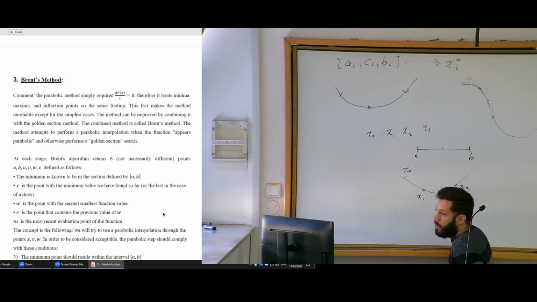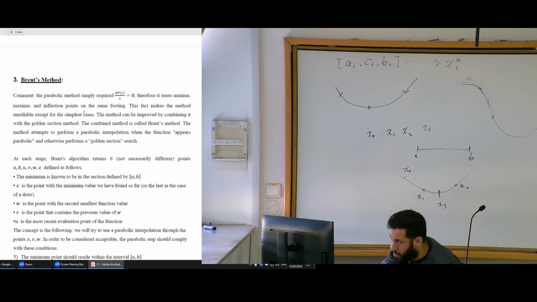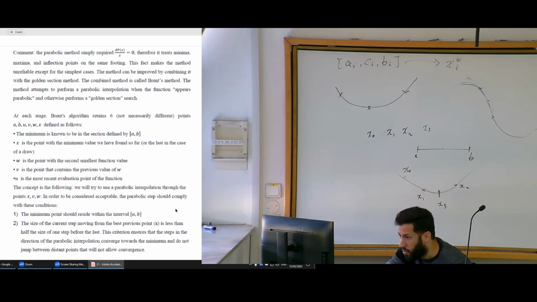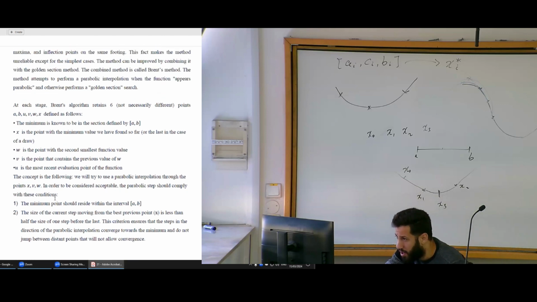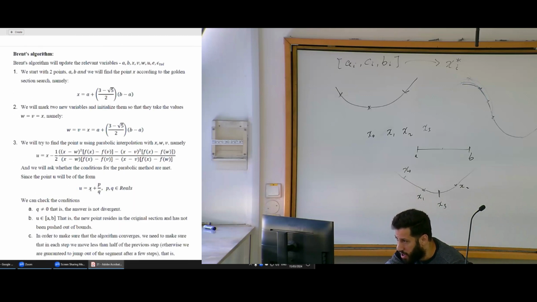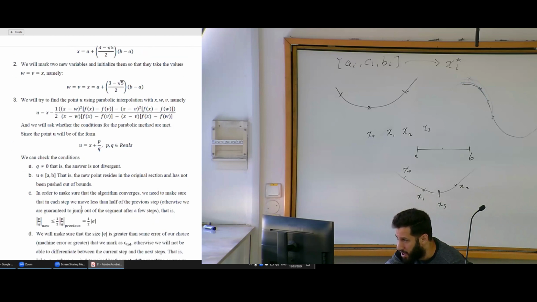So it's a hybrid minimization method between the golden section and the successive parabolic interpolation. We will not go into detail, but I encourage you to check it.